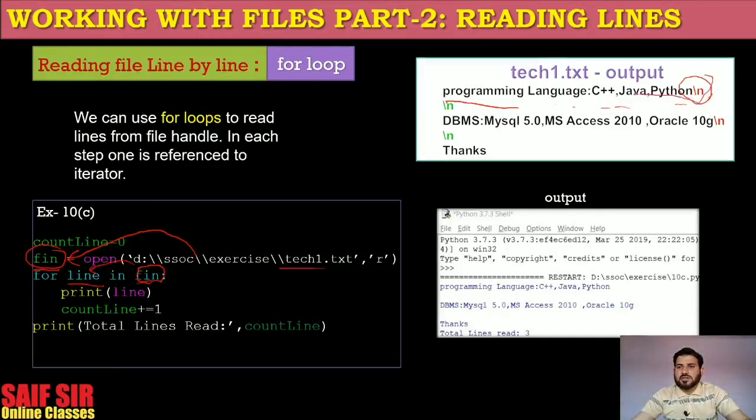So this line will be transferred from fin the very first time. As soon as this /n comes, the entire line is transferred to line. Now control goes to the body of the for, and prints that line.